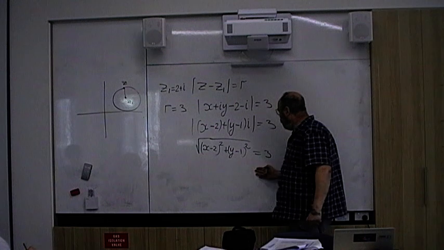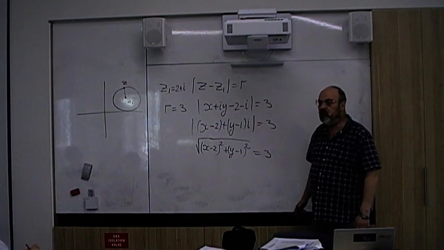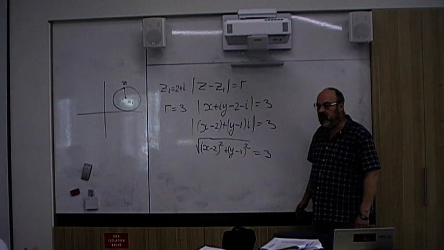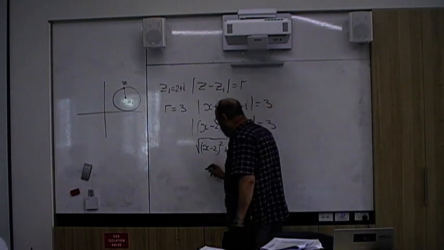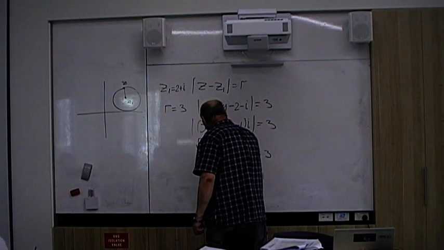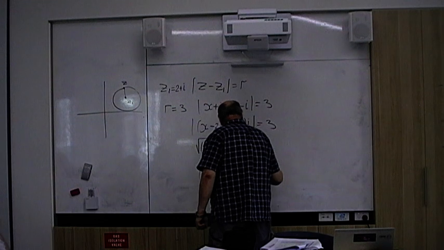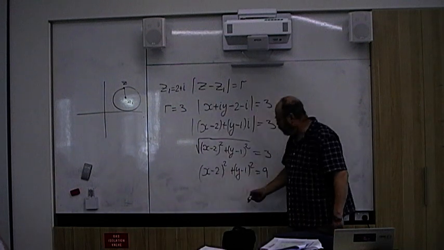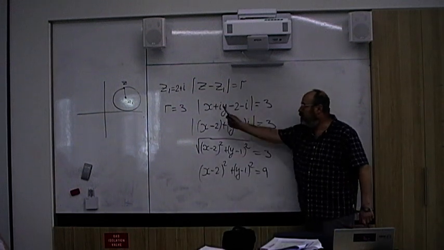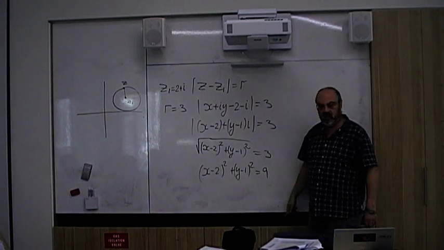That's almost the equation of the circle. What do we have left to do? Just square both sides, and we get (x minus 2) squared plus (y minus 1) squared equals 9, which is the equation of a circle with center (2, 1) and radius 3.